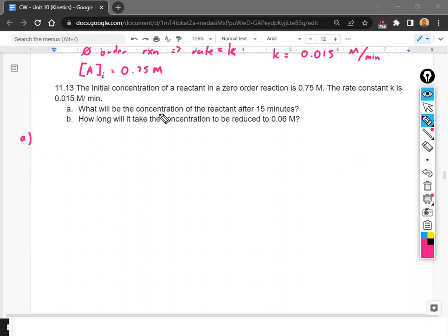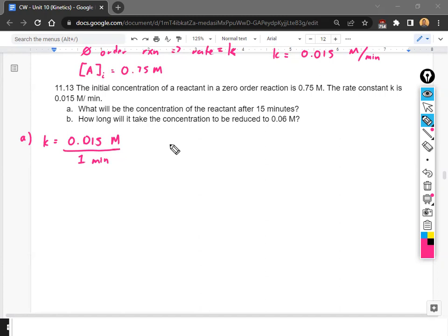Now all we got to do is figure out the concentration after 15 minutes. K is 0.015 molarity every minute, so every minute the reactant concentration is going to decrease by 0.015 molarity, and it's going to be constant.